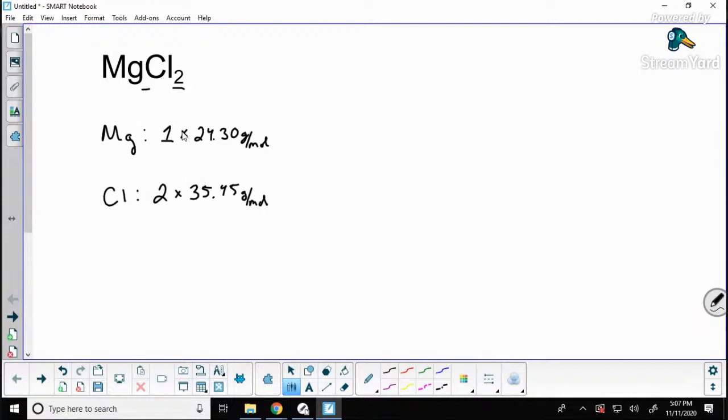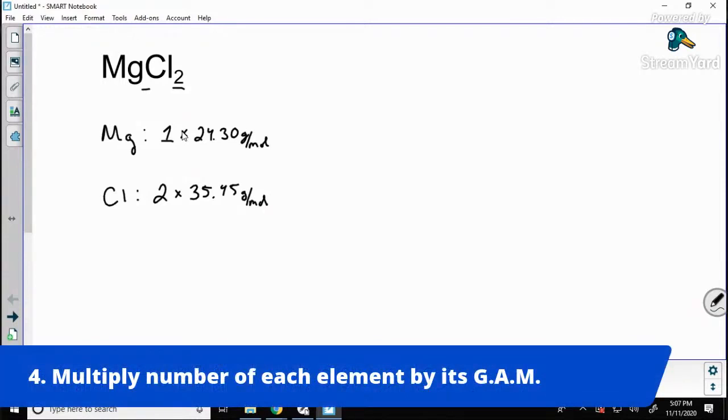Now that I've denoted those gram atomic masses, I'm going to multiply the number of each type of element by its gram atomic mass. So 1 times 24.30 is 24.30. And this value of 1 is actually, again, telling me 1 mole.